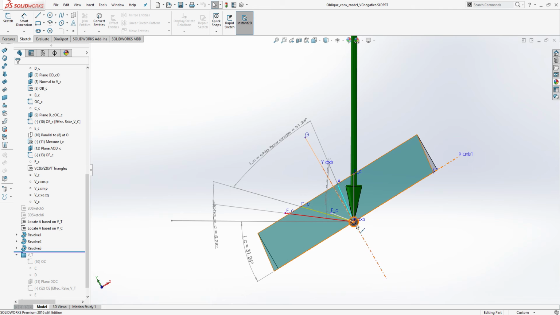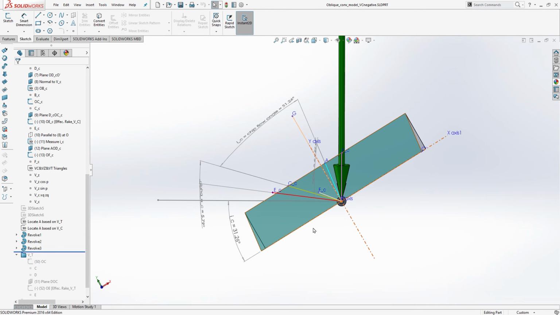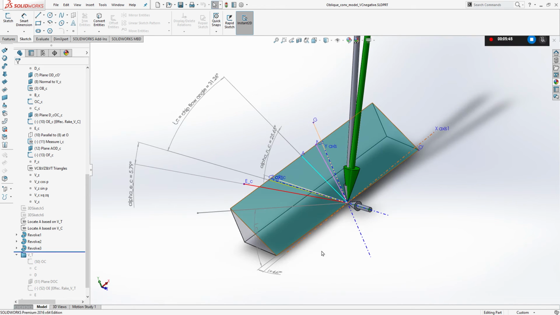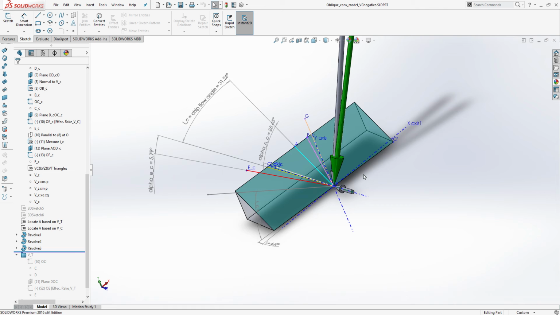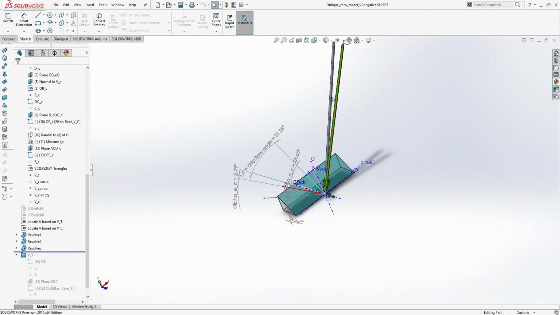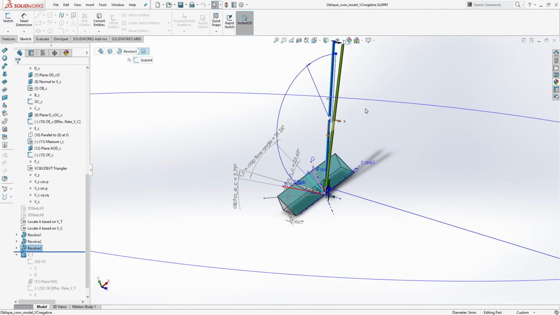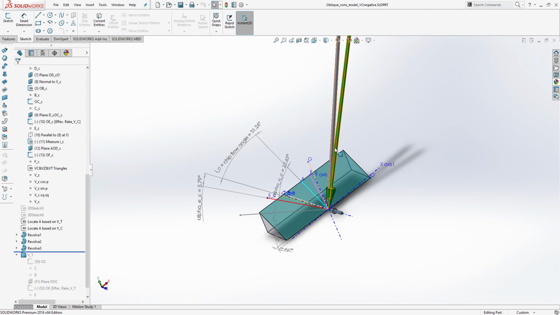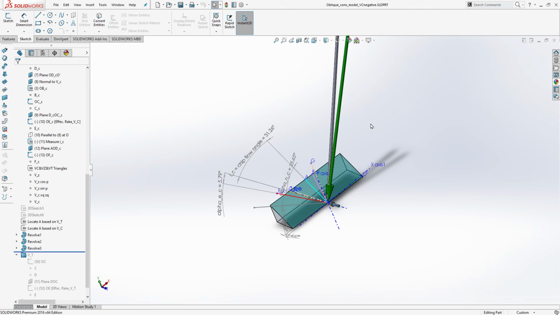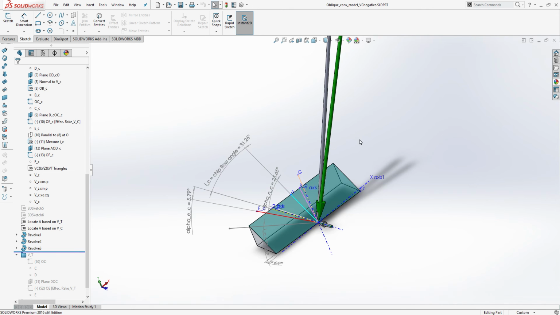And this is the tangential velocity acting on this cutting edge. This is the oblique element. And we have the oscillation velocity here in the z direction. So the resultant cutting velocity will be this green arrow.